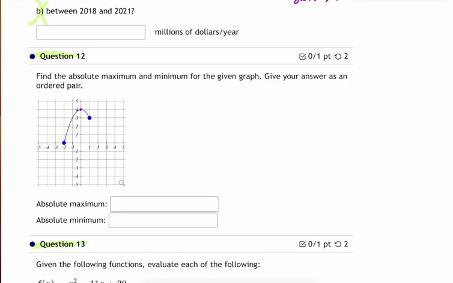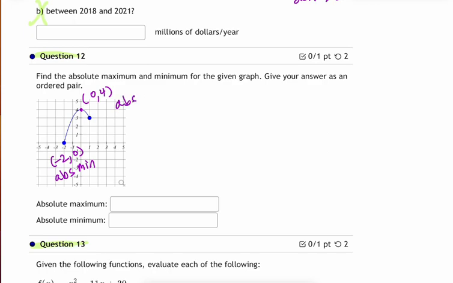So let's put the dot on there for now. And what we can find is that this point right here, -2, 0, is our absolute minimum of the graph. And this point here, 4, 0, I'm sorry, that's the point (0, 4).